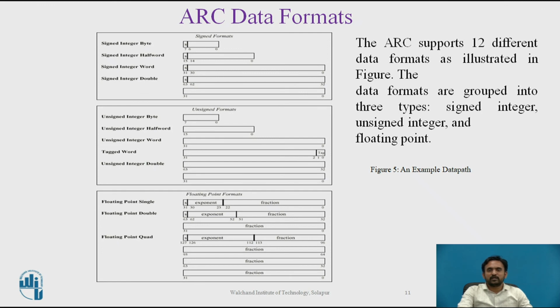Within these types, allowable format widths are byte, half word, single word, tagged word, double word and quad word. For the tagged word, the 2 least significant bits form a tag and the most significant 30 bits form the value. The tag bits indicate overflow, which occurs when an attempt is made to store a value that is larger than 30 bits into the allocated word. The floating point format conforms to the IEEE 754 standard.